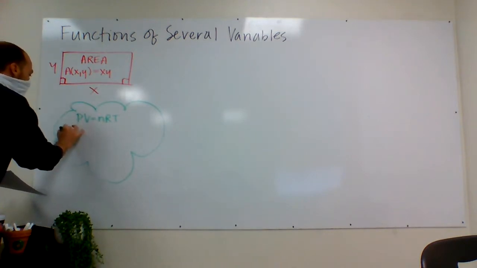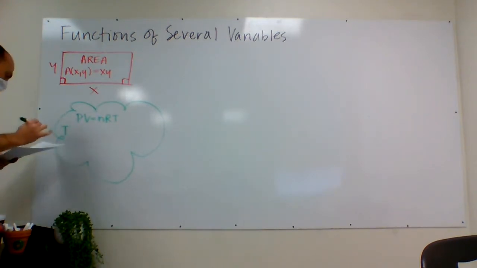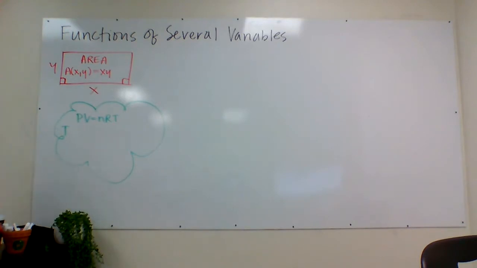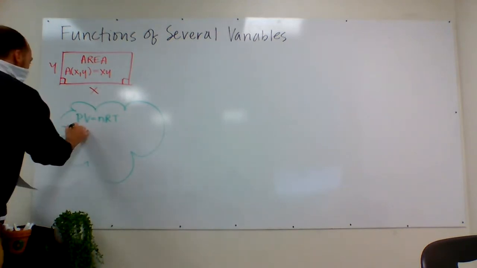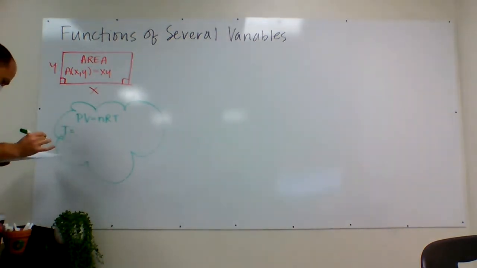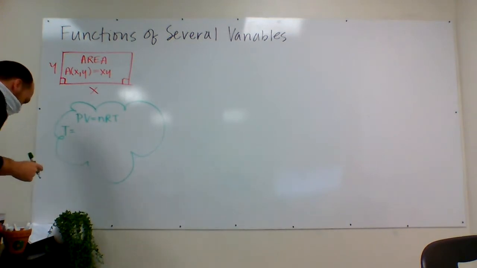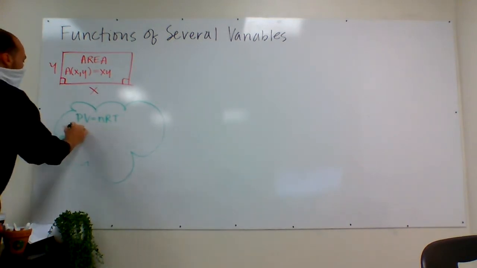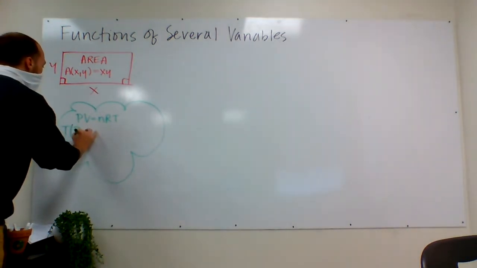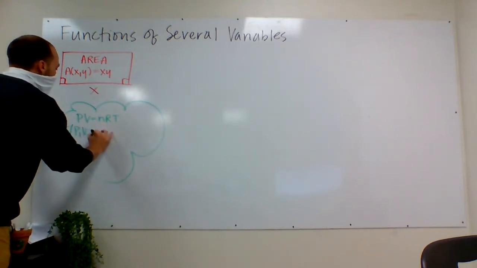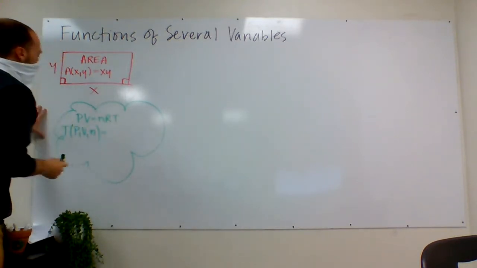But the temperature of a gas, we could express in terms of its pressure, volume, and the amount of gas, number of moles. I'm saying that temperature depends on pressure, volume, and number of moles, where R is just some kind of constant.